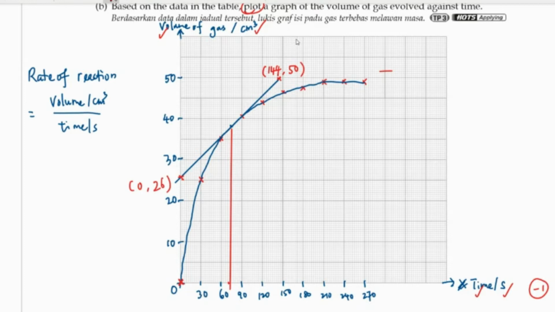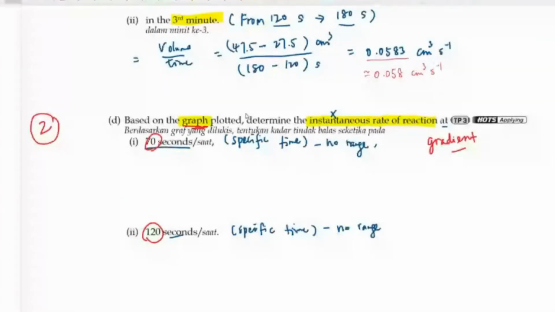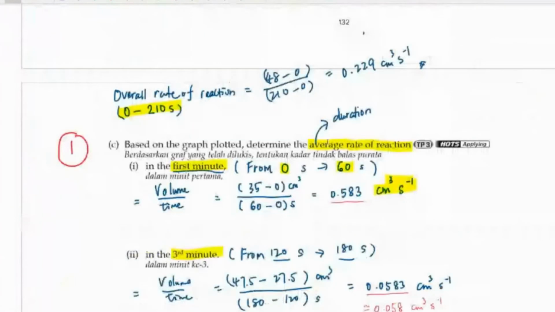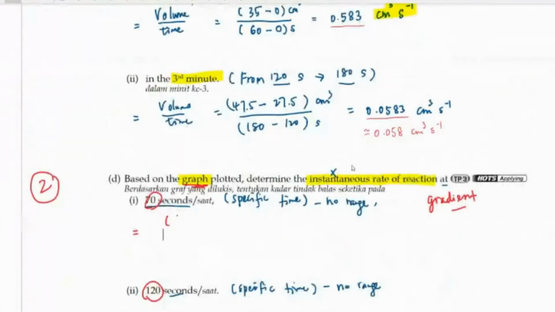So volume just now is 50, 26. So 50 minus 26. This is for volume. Always remember volume divided by the time. Time is 144 minus 0 seconds. So you will get, use your calculator.